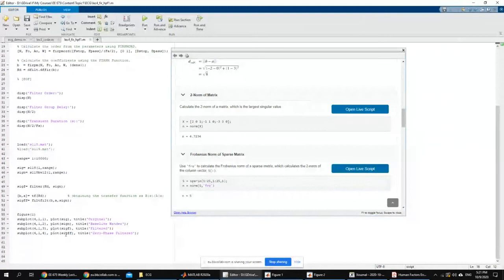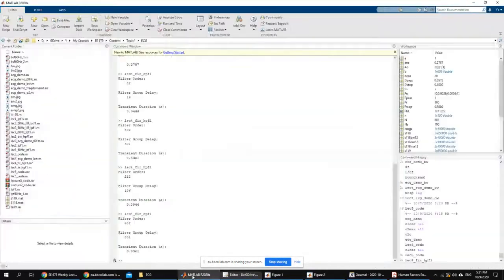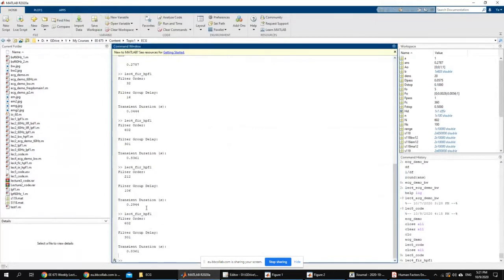Okay, so here I'm plotting sig f. I'm going to do something here with sig f. The order is 602, so I expect the transient to have 301 points, right?